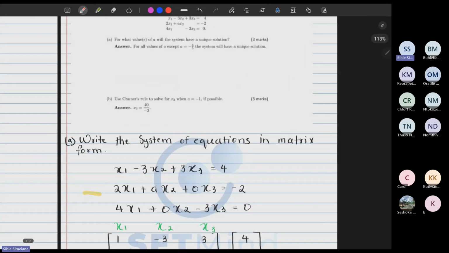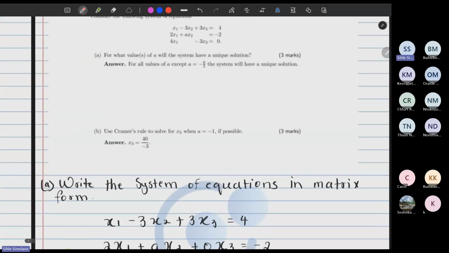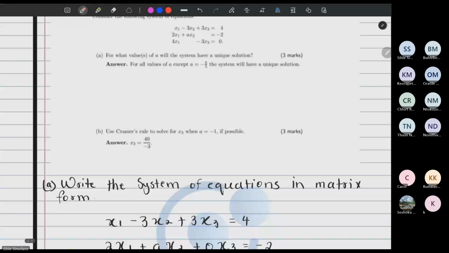Okay, so that's why the answer is that it will be unique for all except that, because the system at -6/5 will have no solution, as we explained. And then for B, they're saying use Cramer's rule to solve for x3.